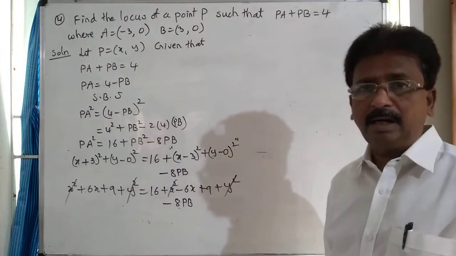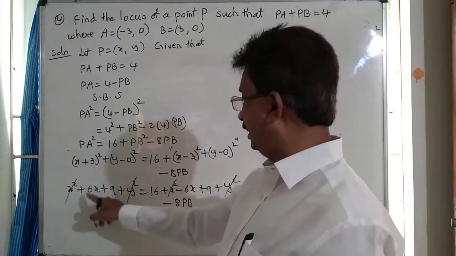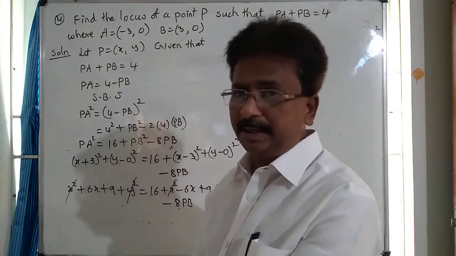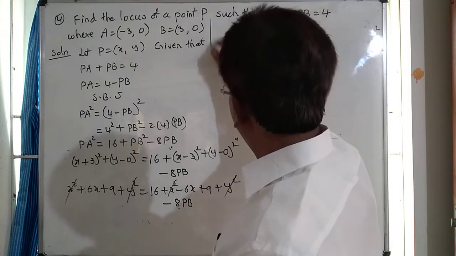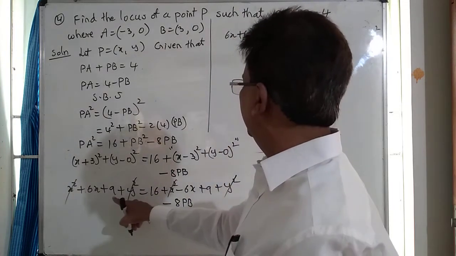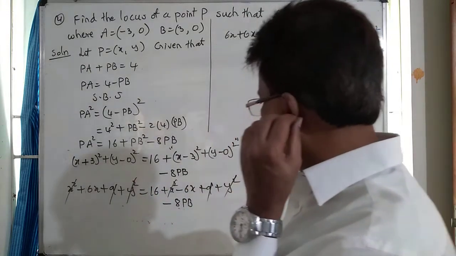Now which terms are left in the left side and the right side? Here plus 6x, minus 6x. So taking all the terms to left side, 6x plus 6x. Here 9 constant. Constants also you can cancel.